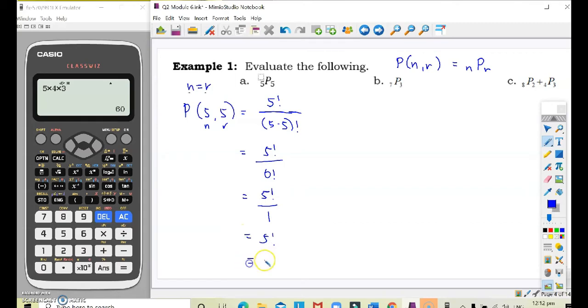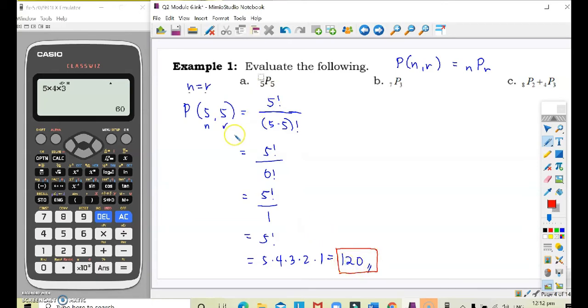And we know that 5 factorial is 5 times 4 times 3 times 2 times 1, which gives us a value of 120. So when you evaluate permutation of 5 objects taken 5 at a time, the answer is 120.